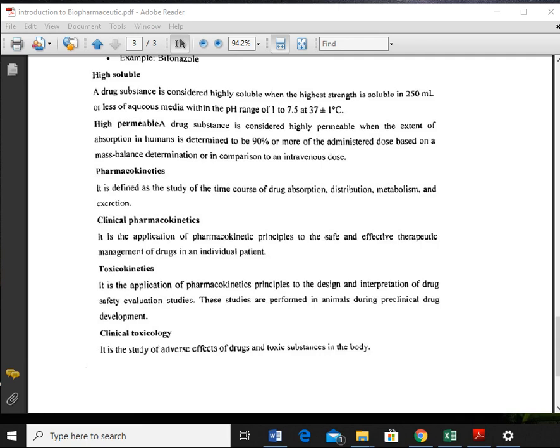It is the application of pharmacokinetic principles to the safe and effective therapeutic management of drug in an individual patient. It will be kinetics, but all the kinetic factors will be kept in mind: how much drug is safe and effective for therapeutic management.